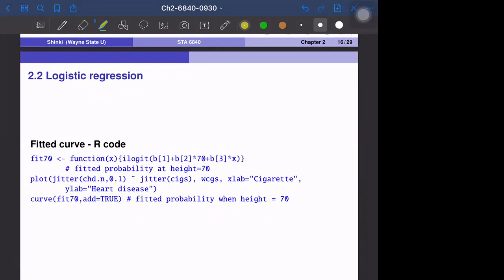At first I define the fit70 function, that is, we fix height at 70 inches. Then we calculate the estimated probability given the number of cigarettes smoked, that is x. That is the inverse logit function of the intercept plus beta 1 hat times 70 plus beta 2 hat times the number of cigarettes. It's important to make this function so that x accepts a vector.